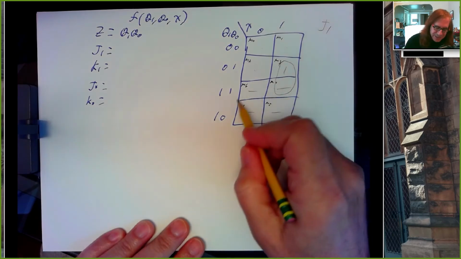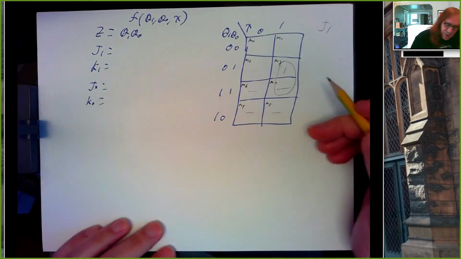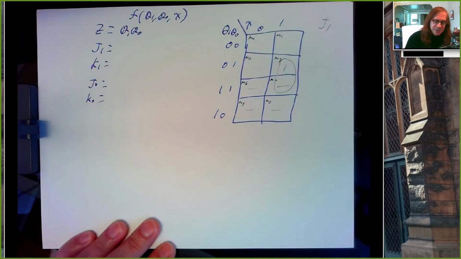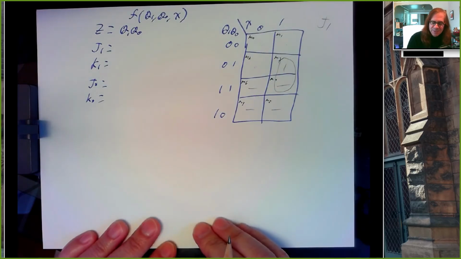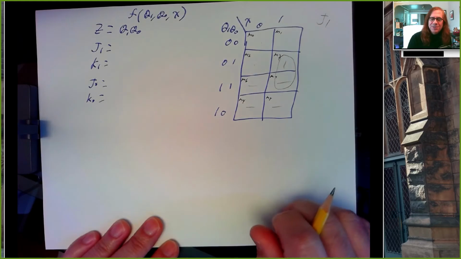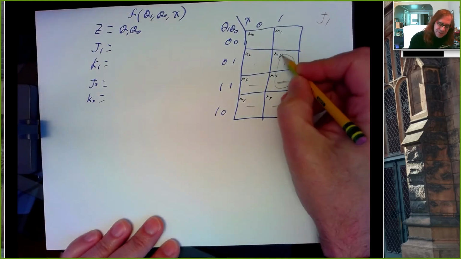I could cover the dashes with a 2x2, but I'm not required to. And if I draw another rectangle, I'm going to have another term. That's another OR gate, another input to an AND gate. So with don't cares, don't cover them unless it helps you cover the ones, which is why we're covering this don't care right here.